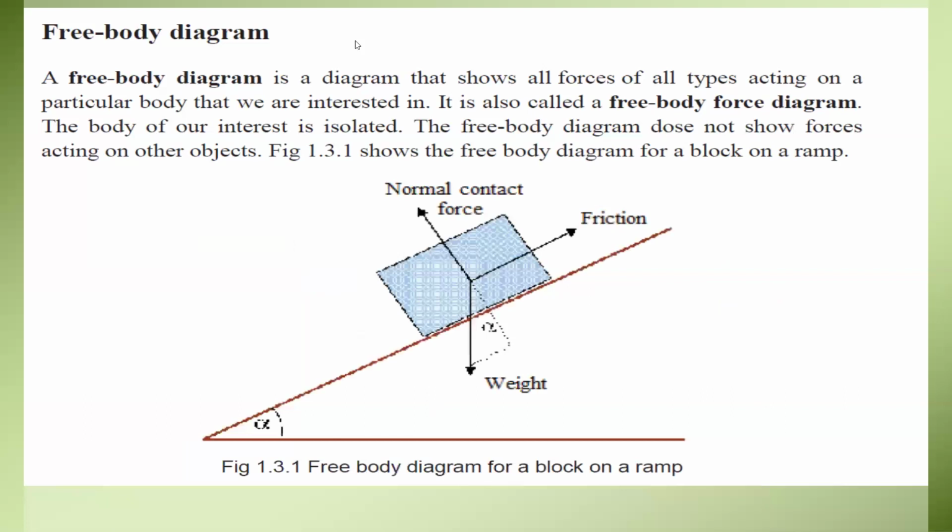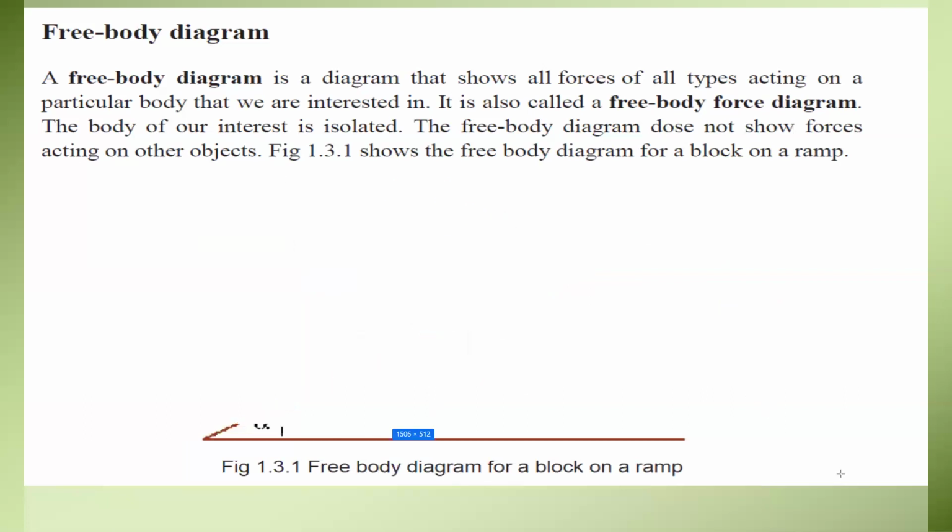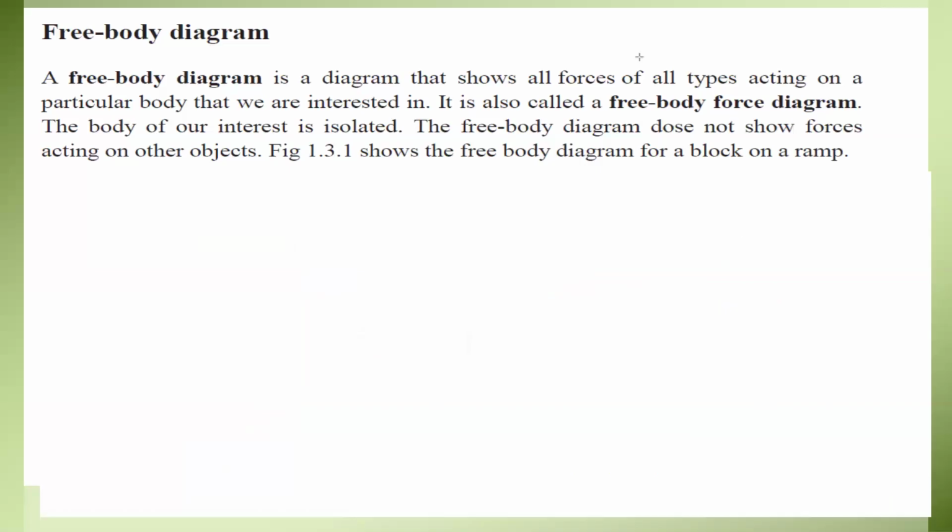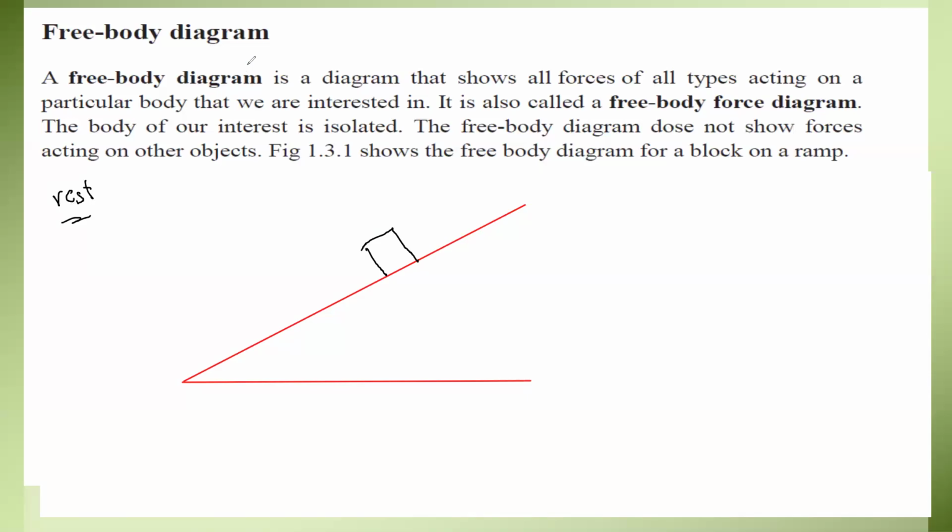Now, about the inclined surface, for example, we have a horizontal surface and an object is placed on the inclined surface. So the object is placed on the inclined surface, and we'll take different examples. Say the first example, the object is at rest. And we want to draw the free body force diagram of this object.